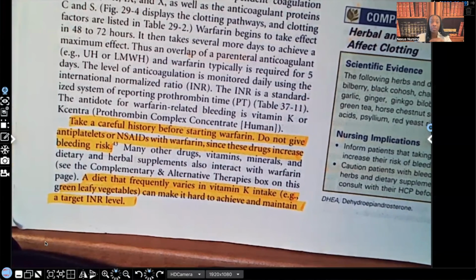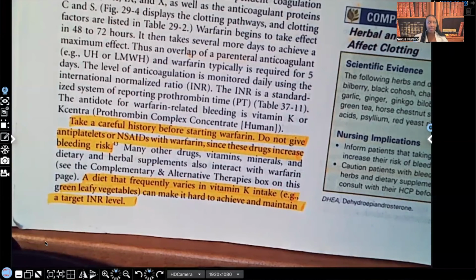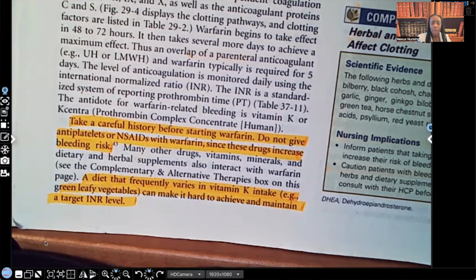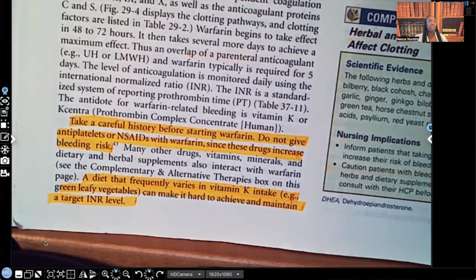Oh, pharmacology as well. A diet that frequently varies in vitamin K intake, green leafy veggies, can make it hard to achieve and maintain a target INR level. Why? Because vitamin K is the antidote for Coumadin. So if this patient is taking Coumadin, what we used to tell patients was to eat a diet low in vitamin K, but research has shown that's not as effective as teaching the patient to keep their diet stable.